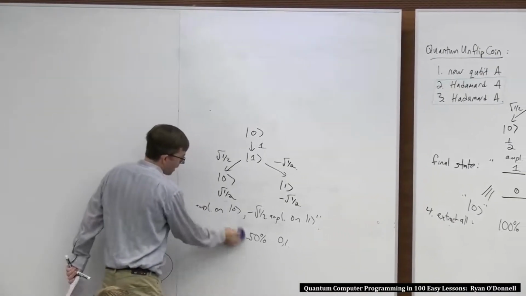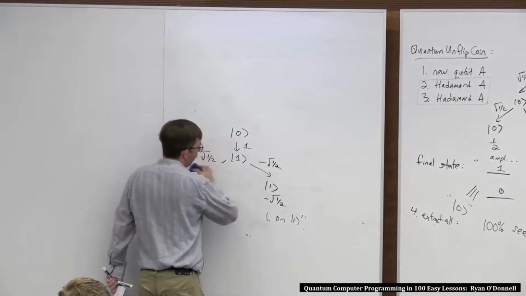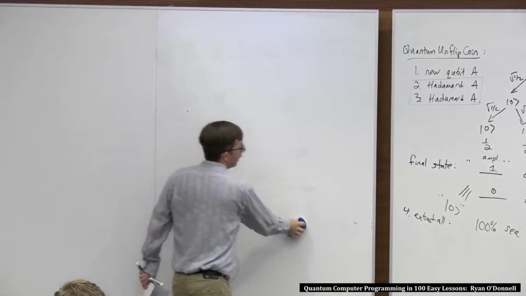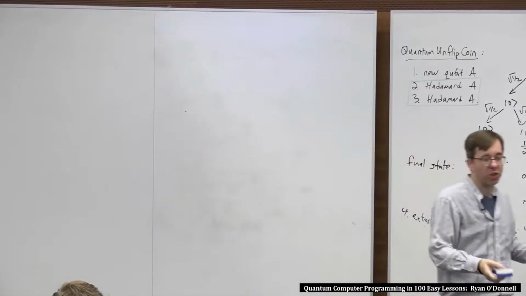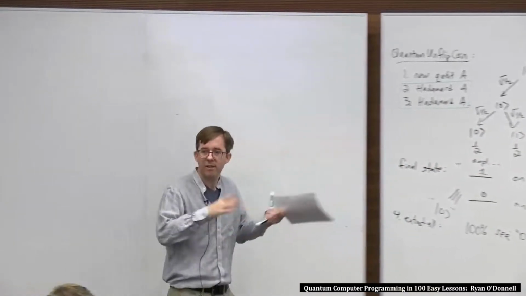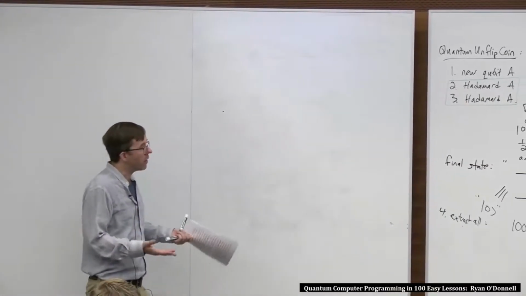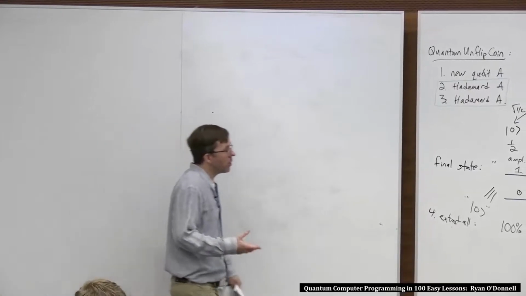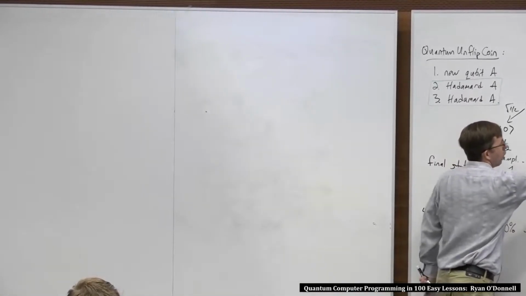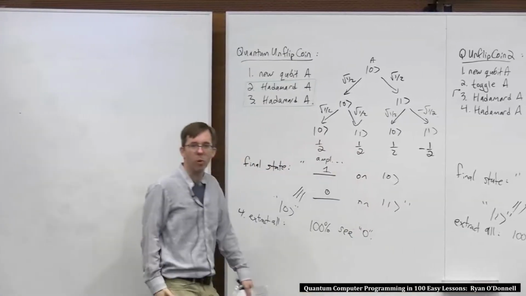And as I alluded to last time, once you know how an instruction or a composite instruction or a subroutine operates on all the possible basic states, that defines how it operates on everything. Because when you're eventually plugging it into a big old amplitude tree, you just need to know what happens on zeros and ones.